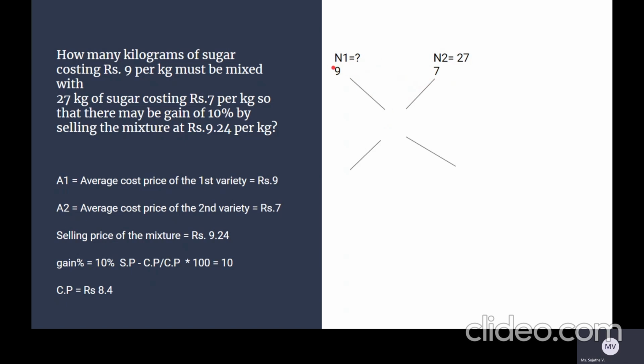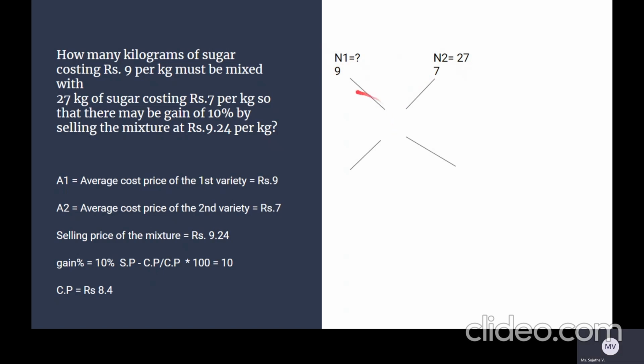You cannot have cost price at one place and then selling price at another place. You cannot have percentage milk on one side and then percentage water on the other side, right? So you have to use the same thing uniformly throughout. So we are working with cost price as the average, but we have been given the selling price. Now by mistake, even if you've put 9.24, please make a check.